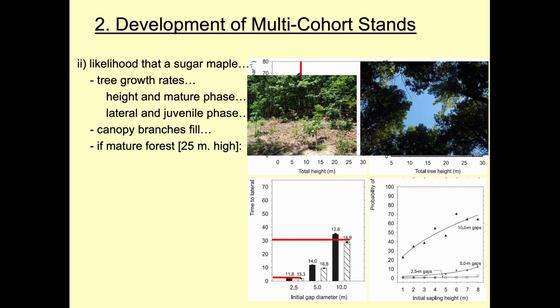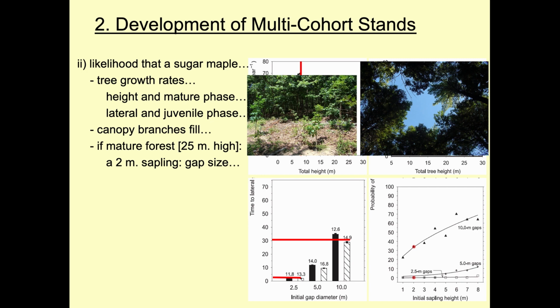So in a mature forest, let's say the mature forest is 25 meters high, which is 81 feet. A 2-meter tall sapling has a 0% chance of reaching and becoming a part of the canopy in just a 2.5-meter gap. So if you take a look at this figure on the bottom right, you will see the initial height. So we have this 2-meter individual, and you can see it has a 0% probability of reaching that canopy with just a 2.5-meter gap.